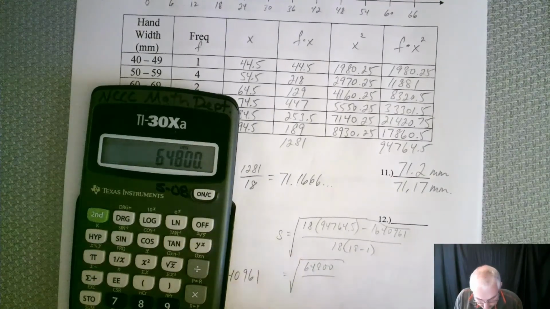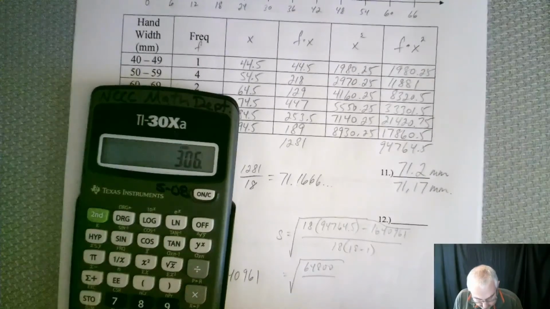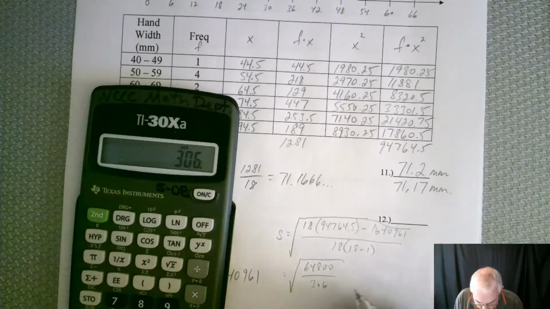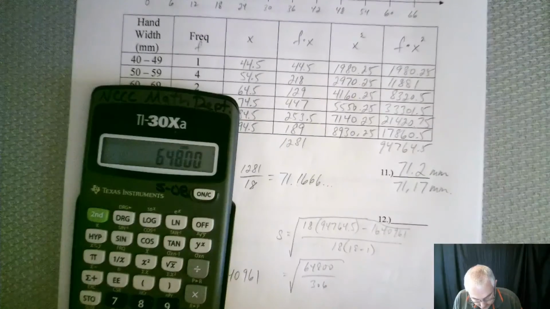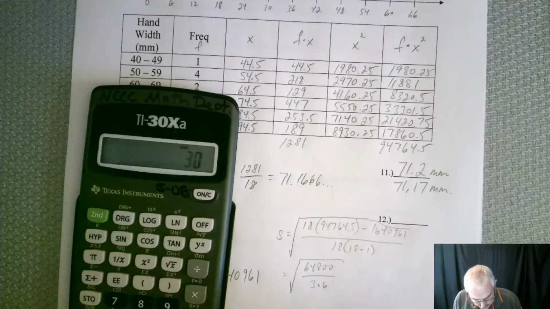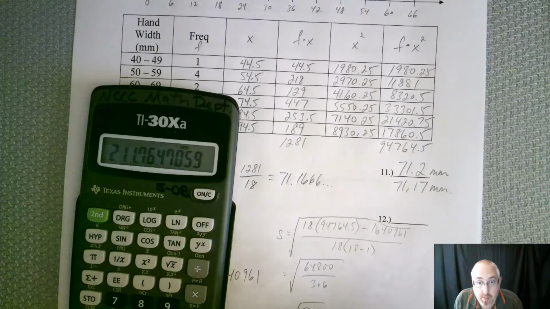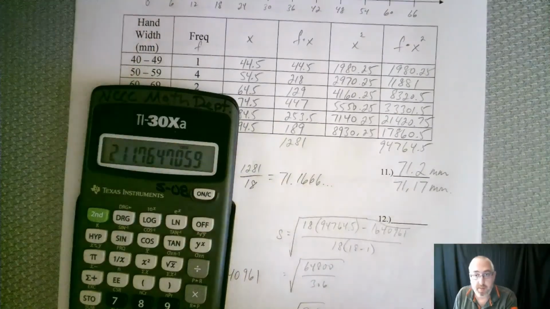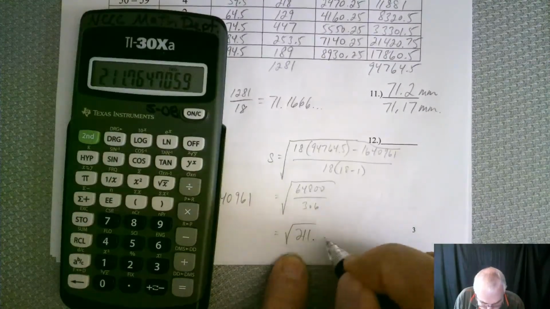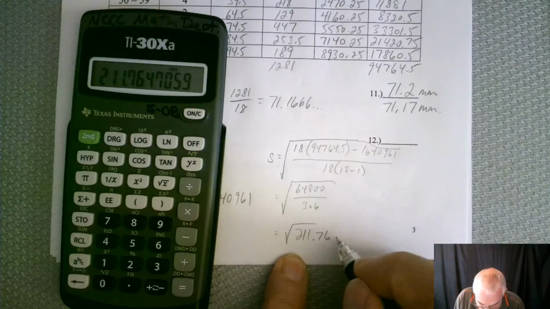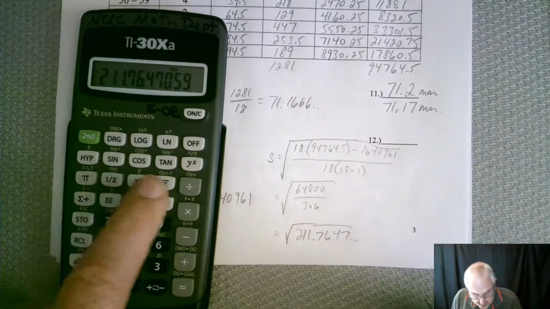So 64,800 divided by 18 times 17 equals 306. So now if we divide those, 64,800 divided by 306 equals 211.7647, and so on, and then we got to square root it.